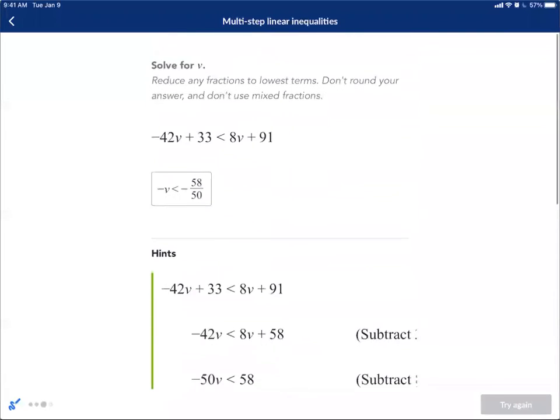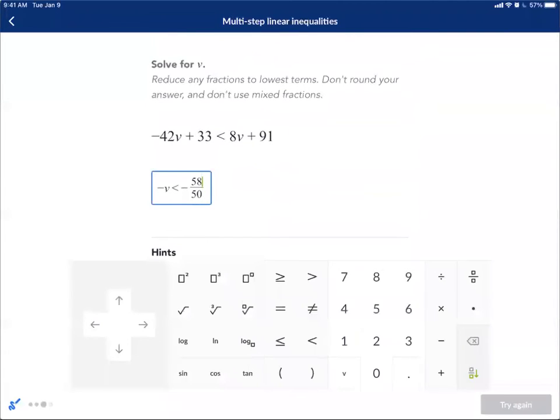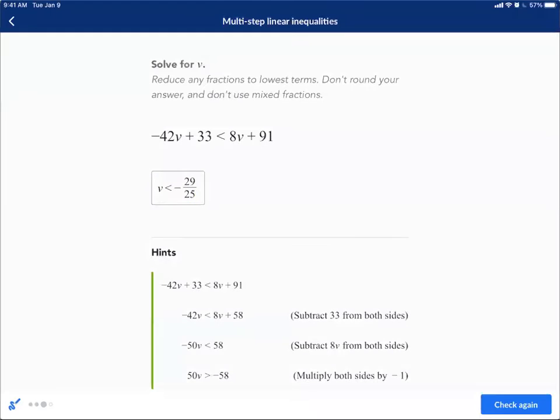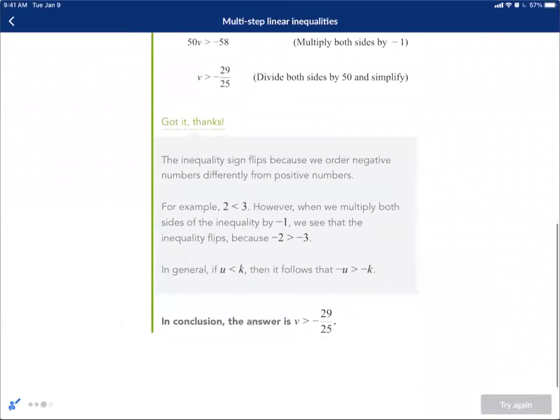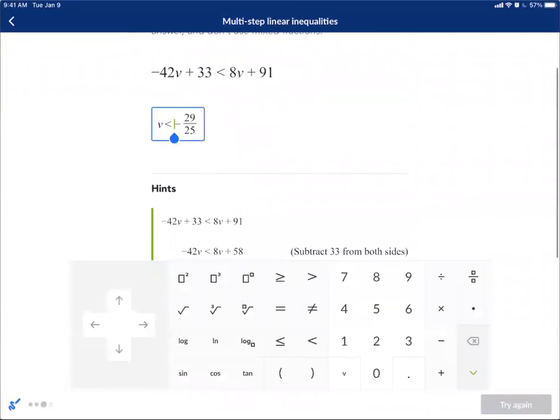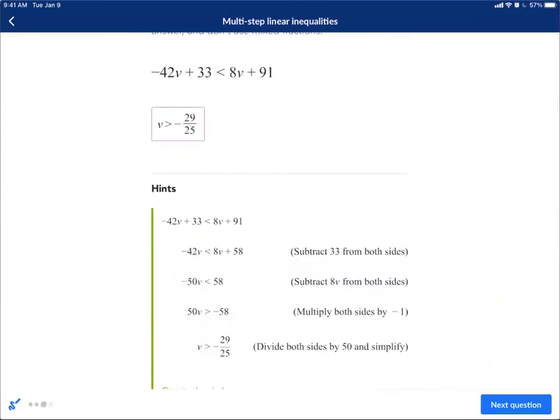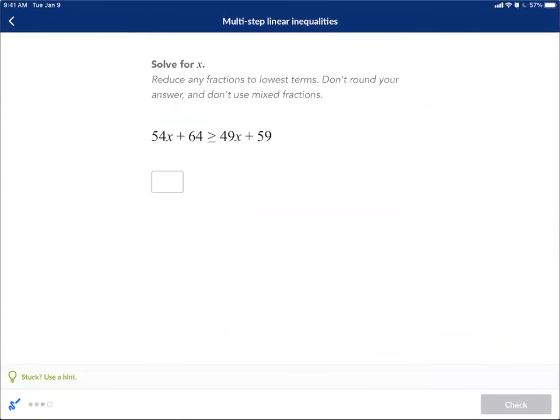So we have to kind of go back. 29, 25. This goes away. Oh, I didn't flip the sign. Yeah, that is really confusing. That's fine though. We'll get it done.